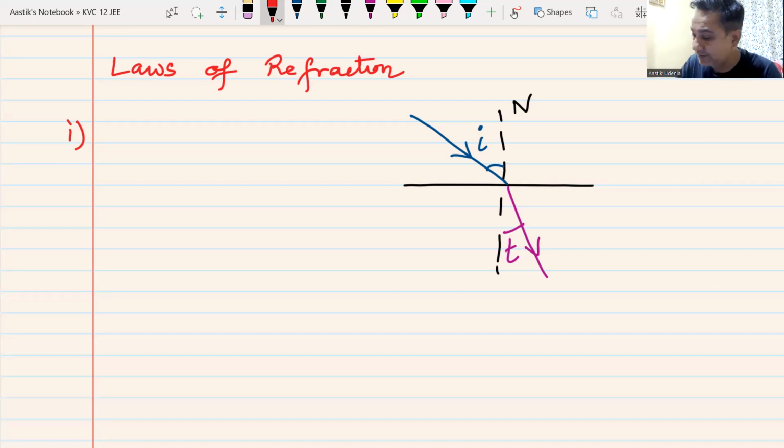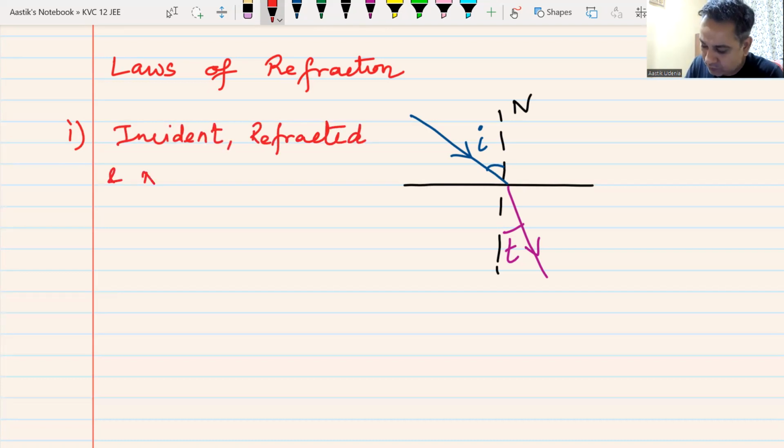The incident ray, the refracted ray, and the normal all lie in the same plane.